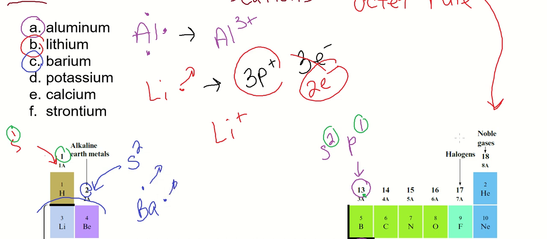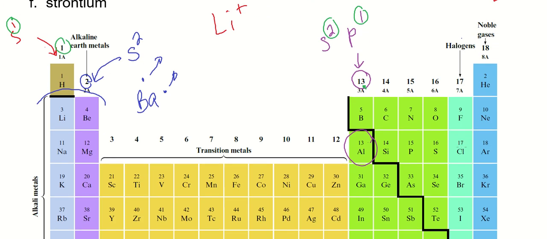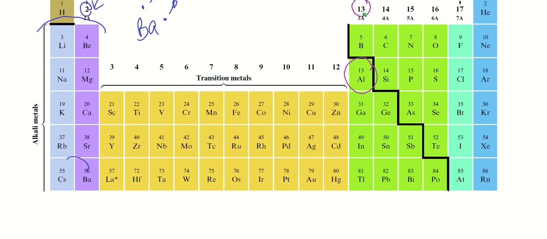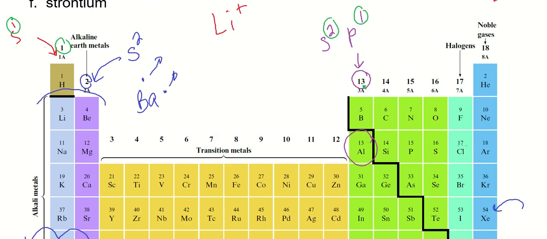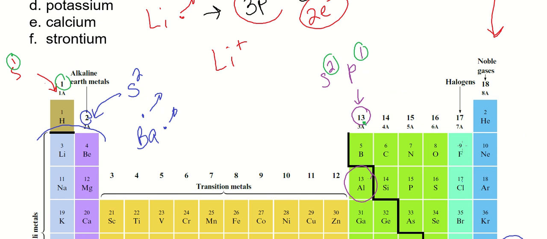And why do they do that? To look like a noble gas, right? Barium's going to lose 1, 2, and then it's reached the electron configuration of its noble gas, xenon. All right, so it's going to look like this. Put brackets around it if you want. There you go.